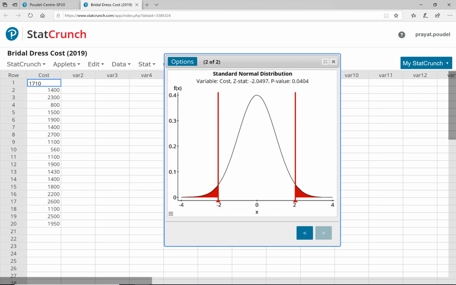Next, we're going to look at the picture here. The picture is telling us our z-value is negative 2.049729. So we're going to look at the area to the left of negative 2.0497 and to the right of positive 2.0497, and our p-value is going to be the sum of those areas.